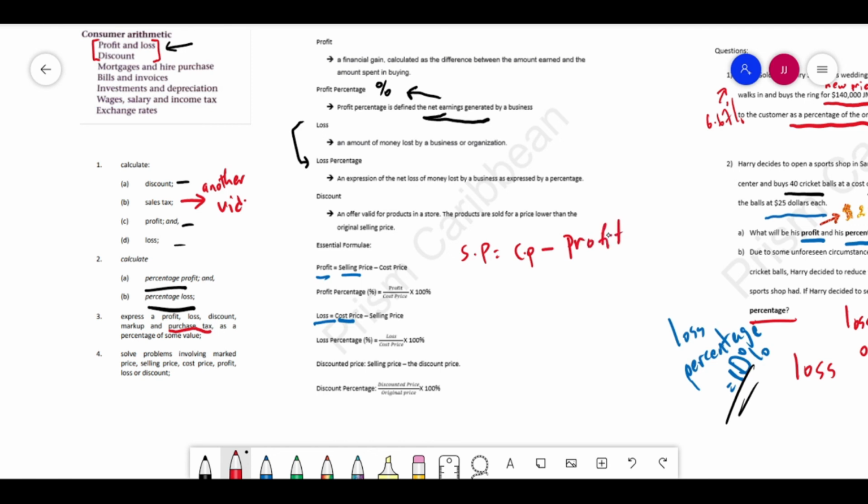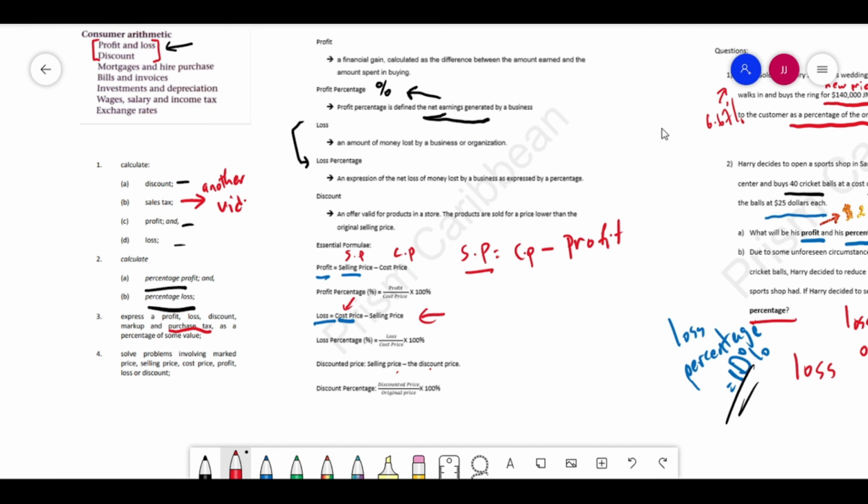We can interchange the formulas because sometimes we may be given the cost price and profit, and it will ask us to find the selling price. We can interchange it to find even the cost price, or any of these values once given two variables. Also note, the selling price can also be written as SP, and cost price can be written as CP.